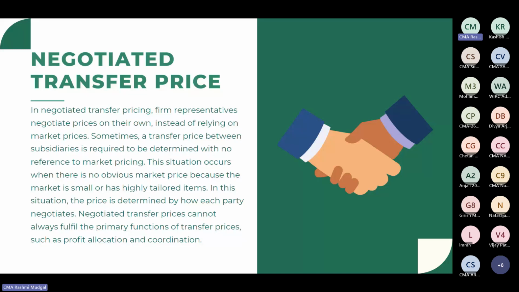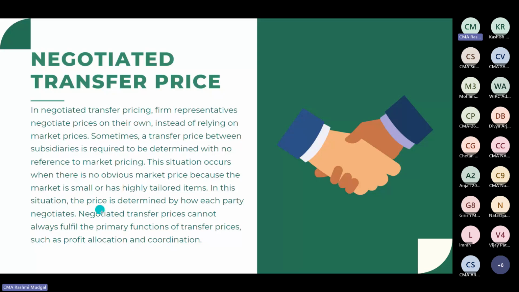So I will definitely go with my own option, where I am giving work to my own subsidiary or my own associate. So I am going to buy from them. But yes, negotiation will be there as a part of business.